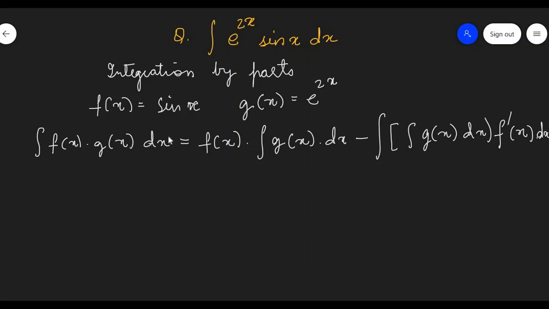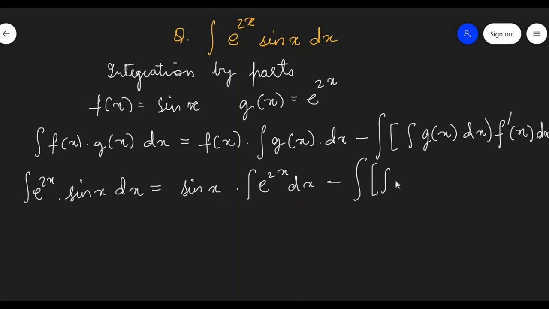Let's put the values of first function and second function and see what we get. So we are going to get integration of e raised to 2x into sin x dx as first function, which is sin x, into integration of e raised to 2x dx minus integration of e raised to 2x dx into d by dx of sin x and whole dx.